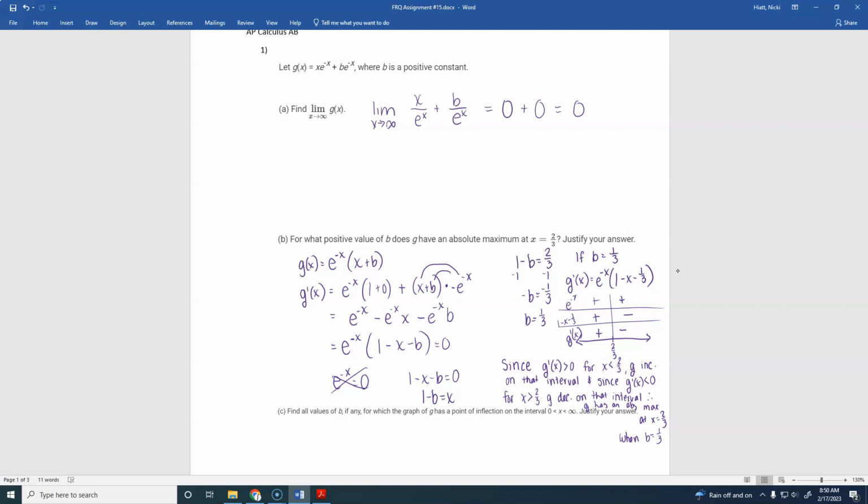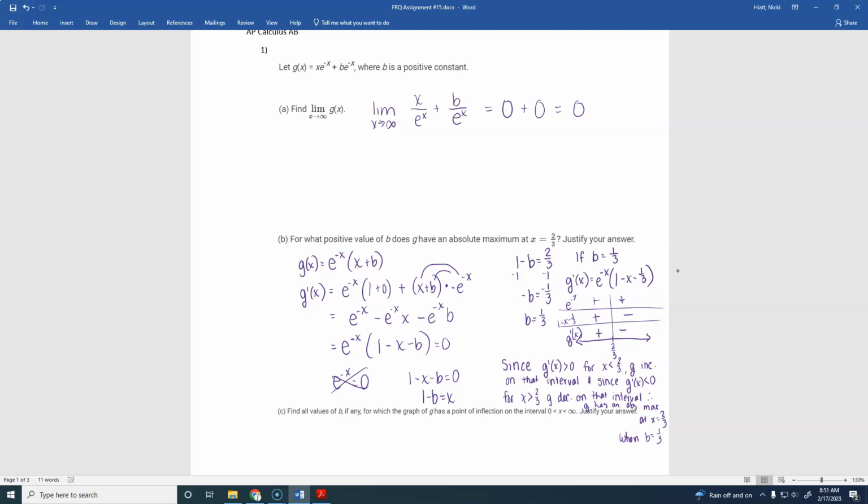Switching from positive to negative only guarantees a relative maximum. So I think you would be okay to say that there is a relative maximum at x equals 2/3 because g prime switches from positive to negative, and that is the only critical point on the graph.